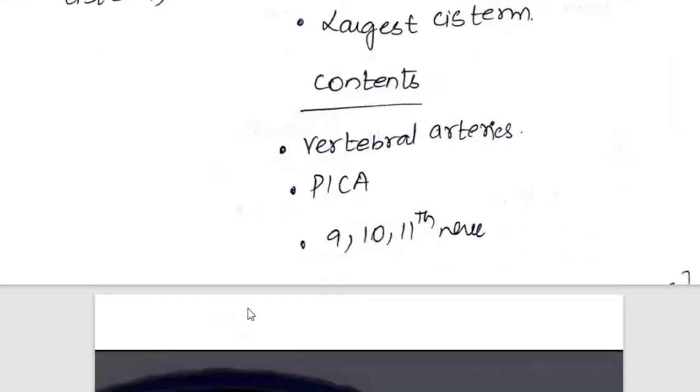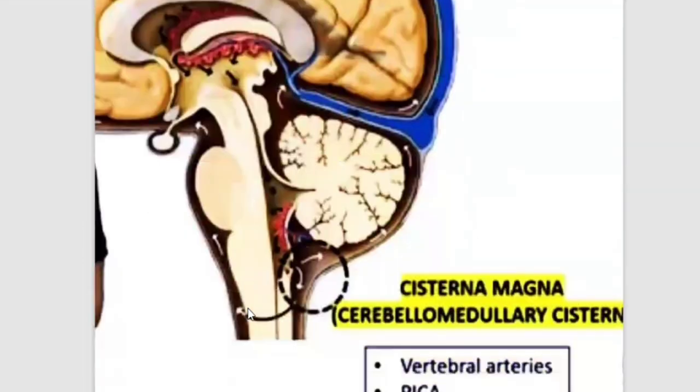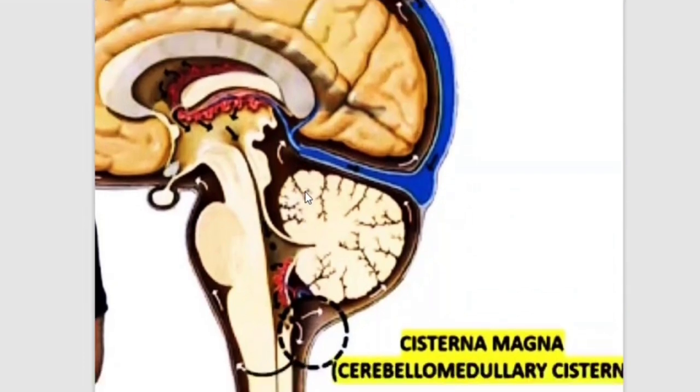I'll show you a picture. This is cisterna magna. Cisterna magna is present below the inferior part of the cerebellum. I'll just give the orientation. This is the sagittal section of the brain. A sagittal section is the midline section, when you divide the brain into two halves, right and left.